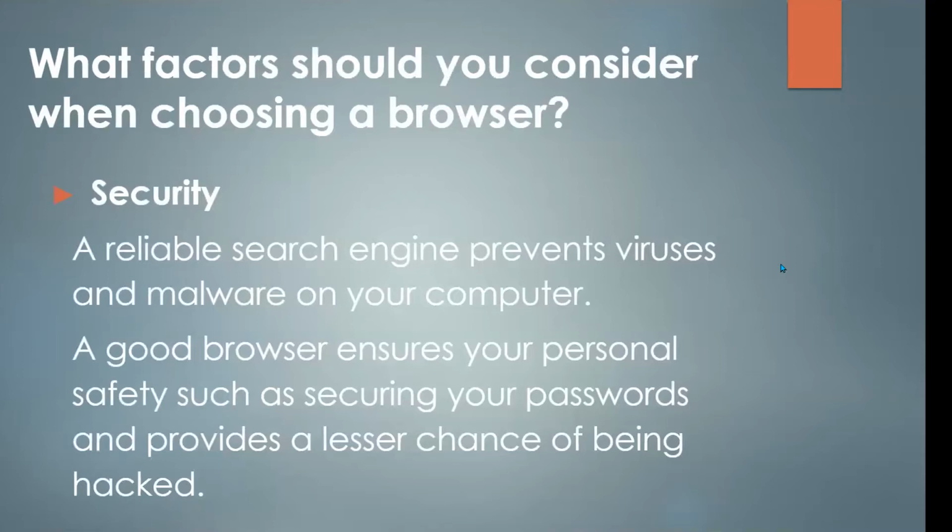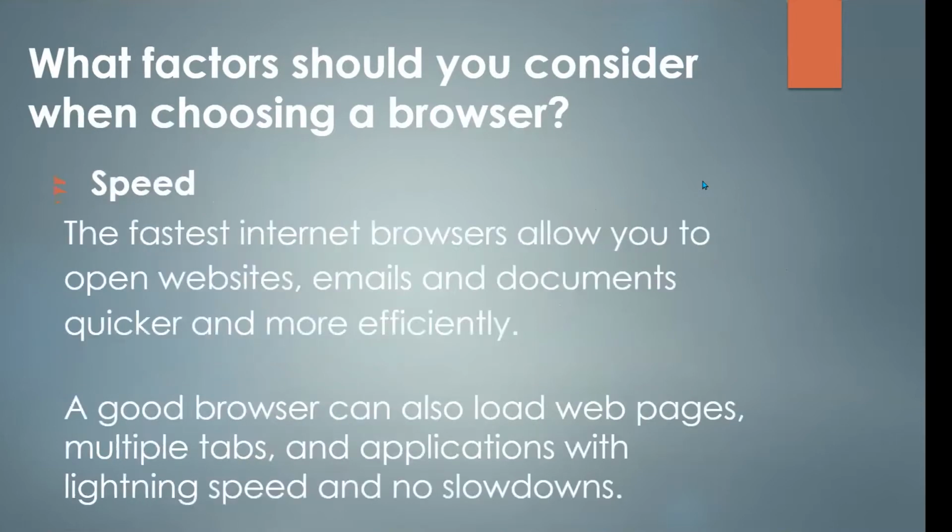So what factors should you consider when you're choosing a browser? First of all, security. A reliable search engine prevents viruses and malware on your computer. A good web browser ensures your personal safety, such as securing your passwords and providing a lower chance of being hacked or manipulated by hackers. Second, speed.